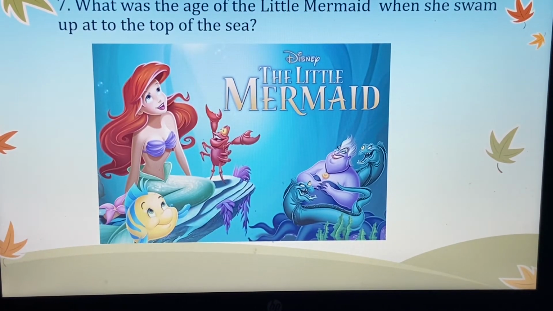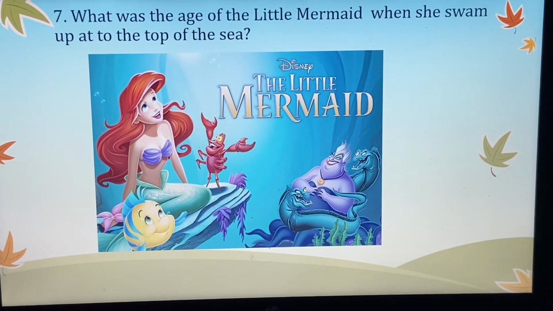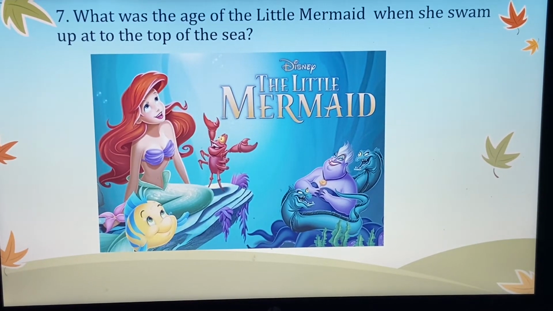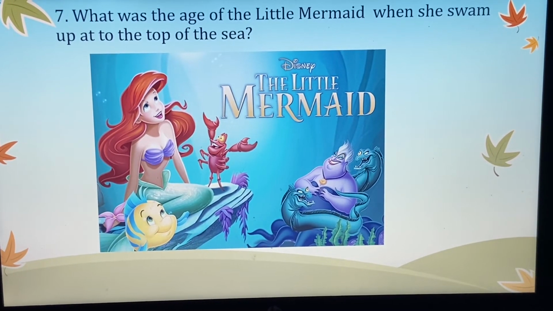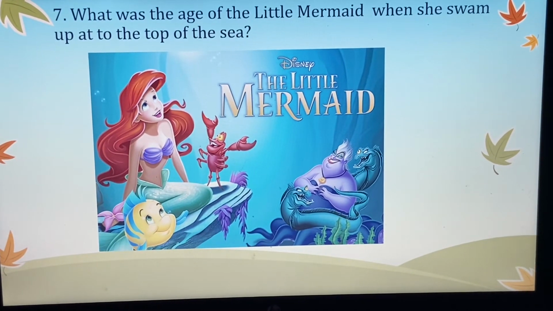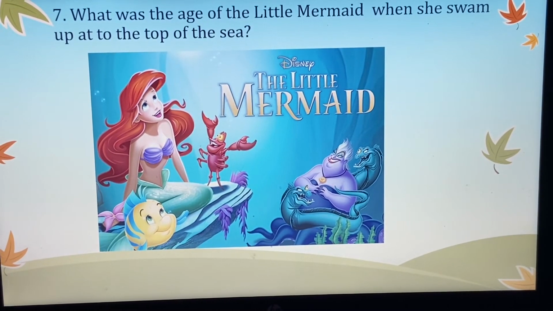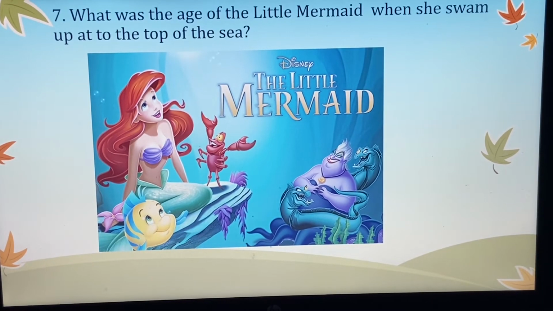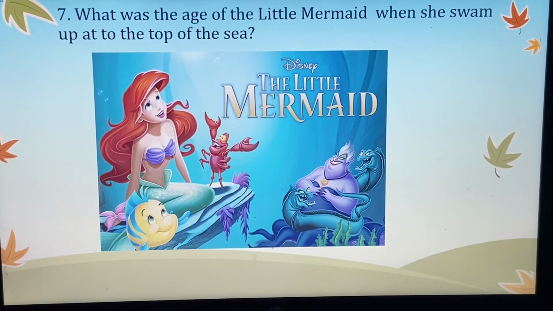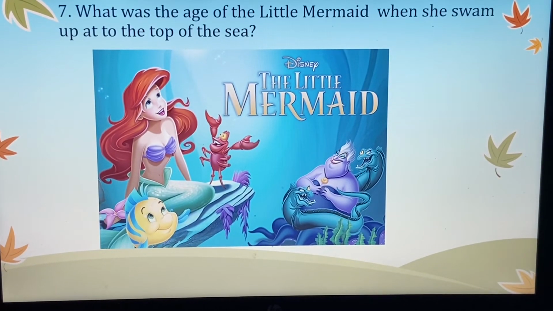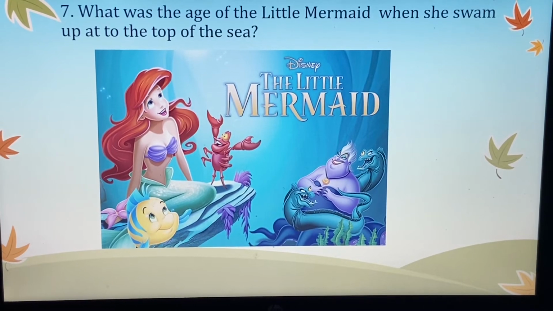The beautiful story. So in this story, what we need to find out is the age of the Little Mermaid when she swam to the top of the sea. So we need to find कि इस story में जो हमारी The Little Mermaid story है, उसमें हमारी जो स्वैम थी उसकी एज क्या थी जब उसने फर्स्ट टाइम सी में स्वैम किया. ठीक है, अप टू द टॉप, नीचे से ऊपर को उसने स्विम किया. उसकी हमें एज देखनी है.